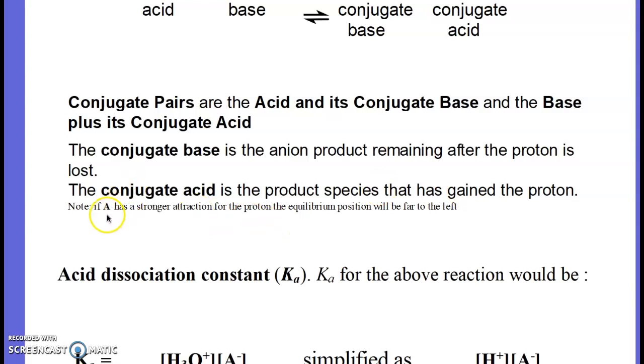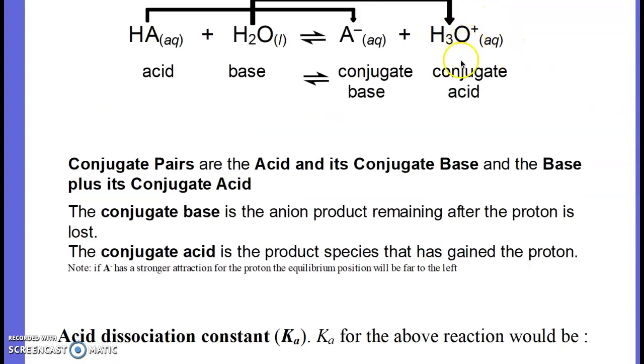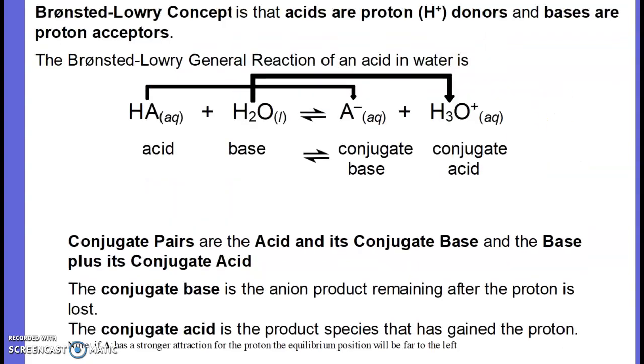But note, if the anion has a stronger attraction for the proton, then the reaction is going to be farther to the left. This reaction is going to be more to the left than to the right, so you're going to have higher concentration of reactants than products.